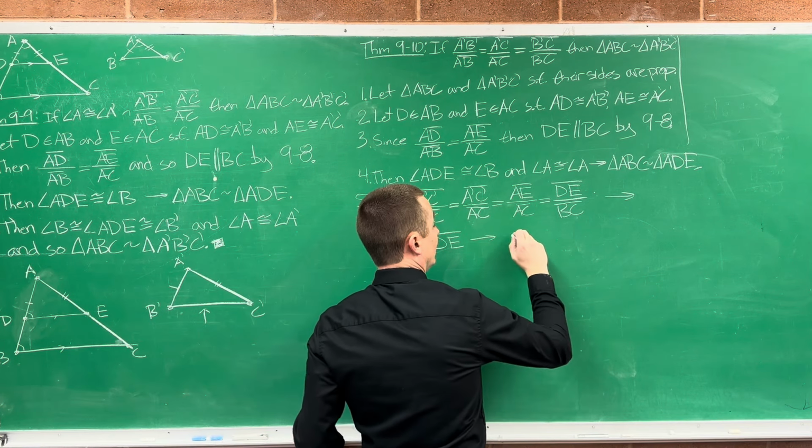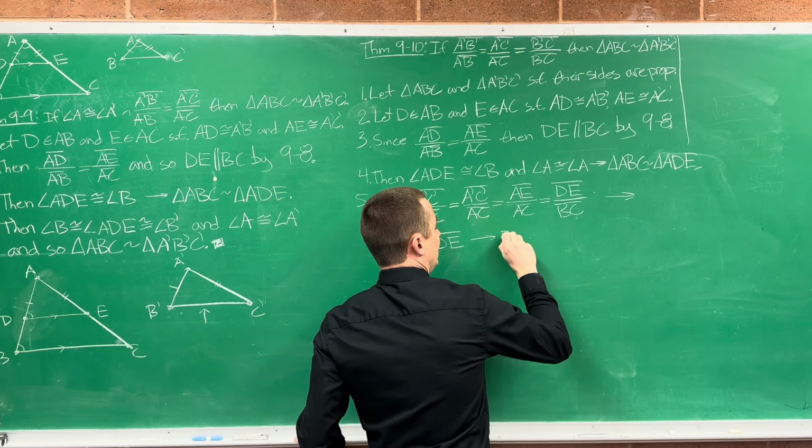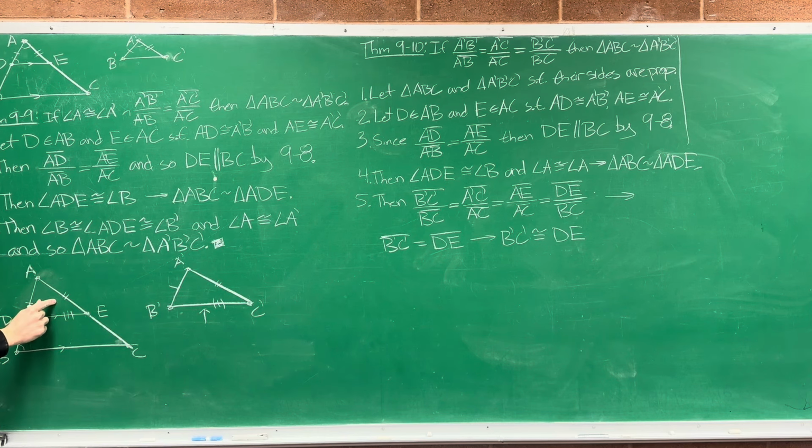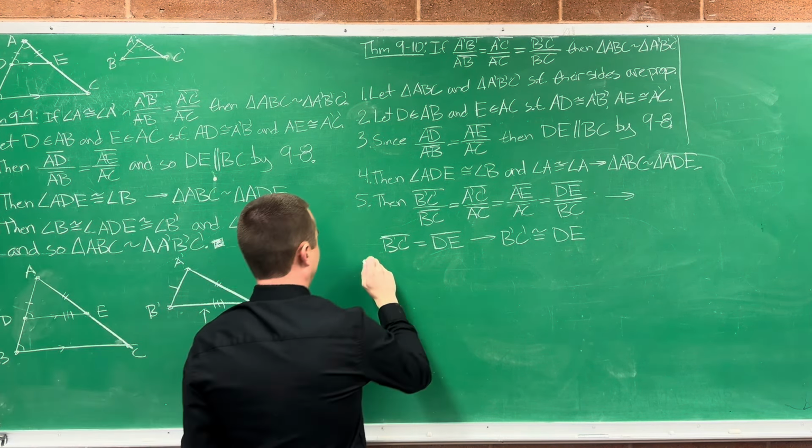They're congruent. So then B prime C prime is congruent to DE. So now I've got this side is congruent to this side. And so now I know this triangle is congruent to that triangle by side, side, side.